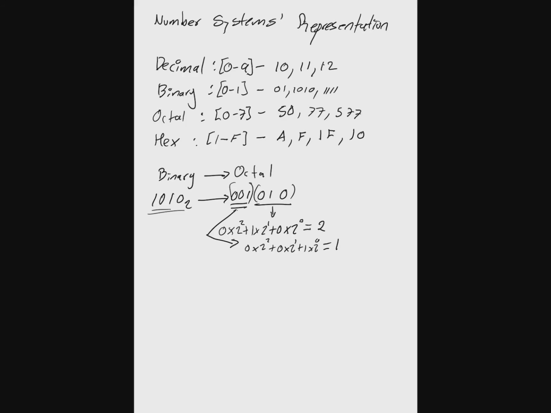So if you just put them together, this number is an octal number. So 12 is your octal value. Now, if you want to go back, let's say you have a number such as 1 and 2 in octal, and you want to transform it into binary, right?